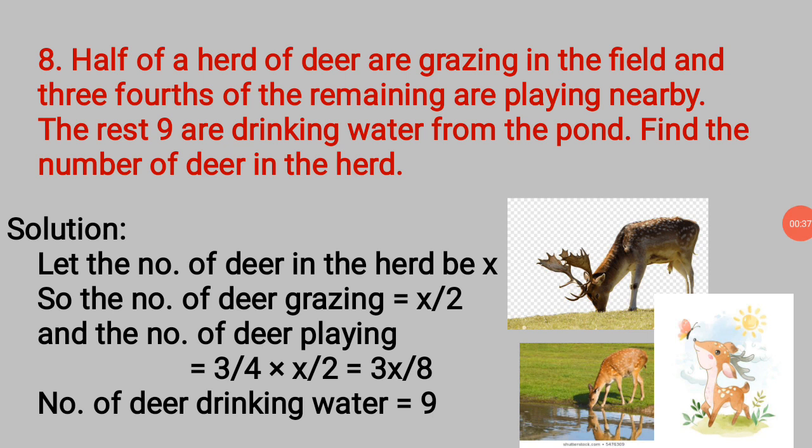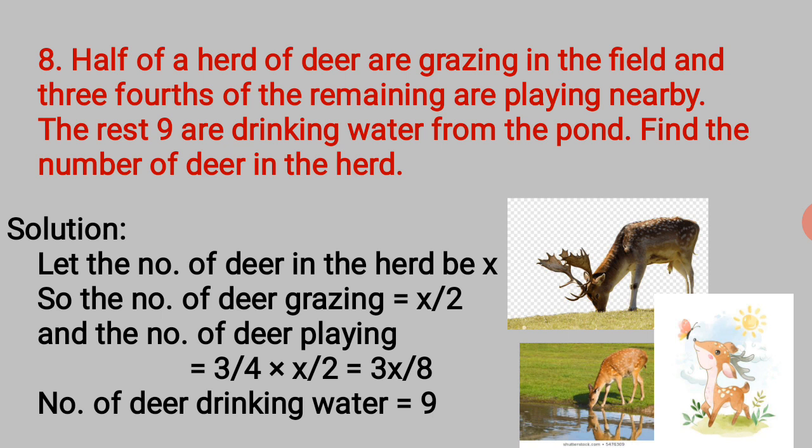Let me read question number 8 for you. Half of a herd of deer are grazing in the field, and 3/4 of the remaining are playing nearby. Imagine yourself near the deer. It's a herd of deer.